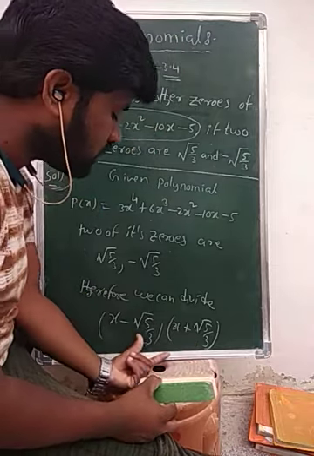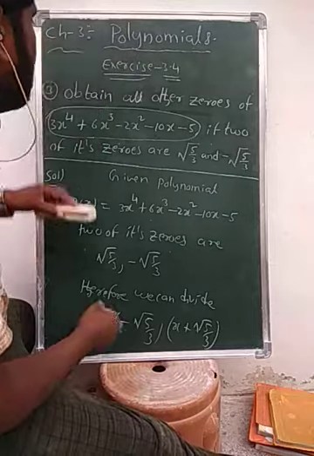If these two are zeros, then these two are factors. Okay, now see.